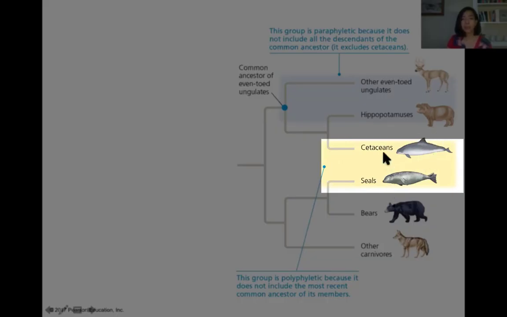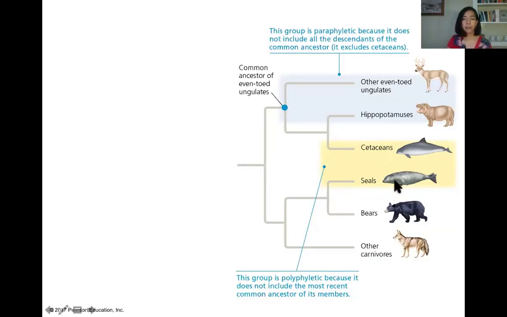So are these marine mammals monophyletic? They are not monophyletic. They are actually polyphyletic because this grouping, these two species, is not including the most recent common ancestor for these species. That's an artificial group that evolved through convergence.